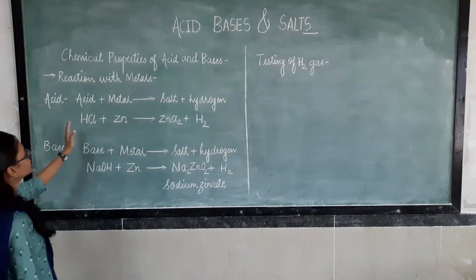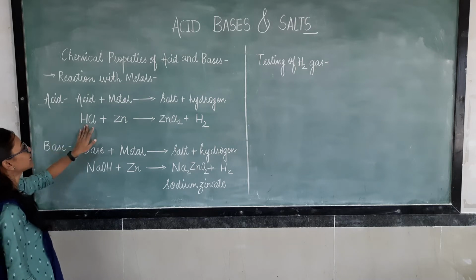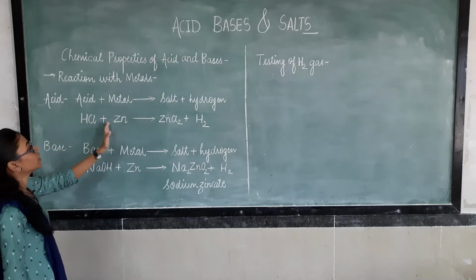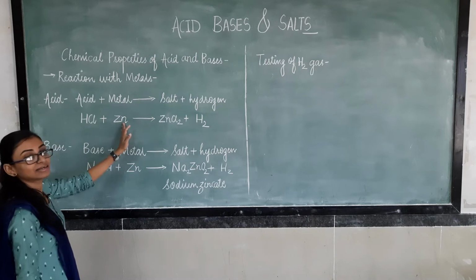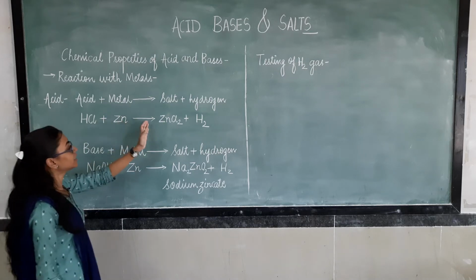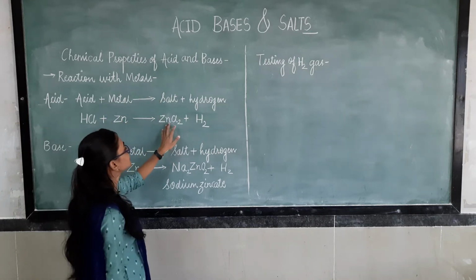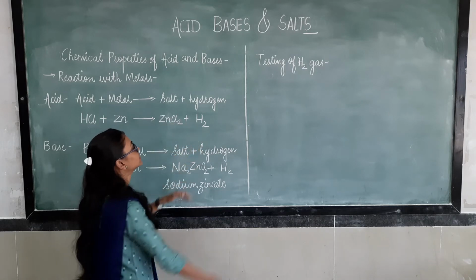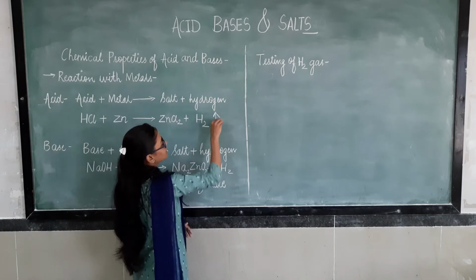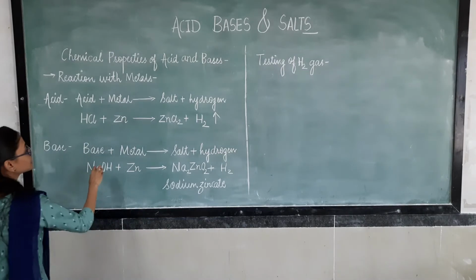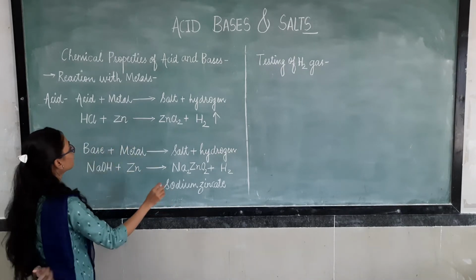See one example here, an example of acid: HCl, hydrochloric acid. When it reacts with zinc, zinc is a metal, it produces a salt, that is zinc chloride, plus hydrogen gas is released, right? See here what is going on.